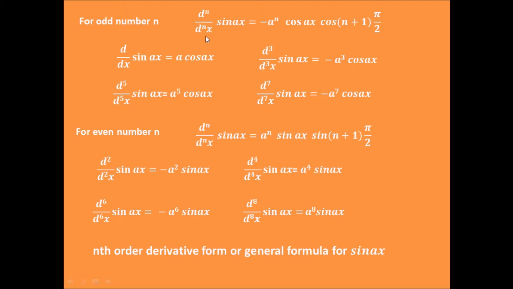So we can put n equals 1 in this assumption, which gives minus a times cosine ax times cosine of (1 plus 1) pi divided by 2, which equals minus 1, combined with this minus. So we get a times cosine ax, which is exactly the same as here.